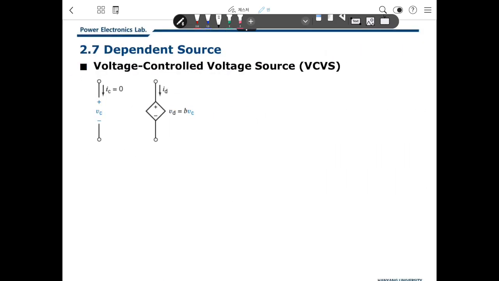The second dependent source is the voltage controlled voltage source, let's say VCVS. Because this is a voltage source, the symbol is plus minus. This voltage source supplies the voltage VD, and the value of VD is determined by another voltage value in the circuit, VC, and some proportional gain.